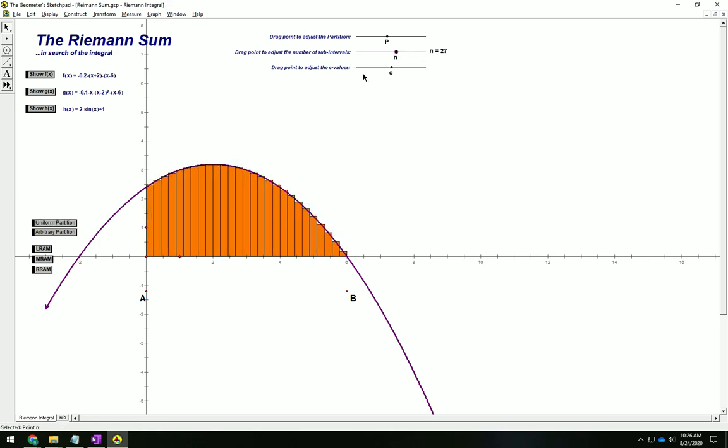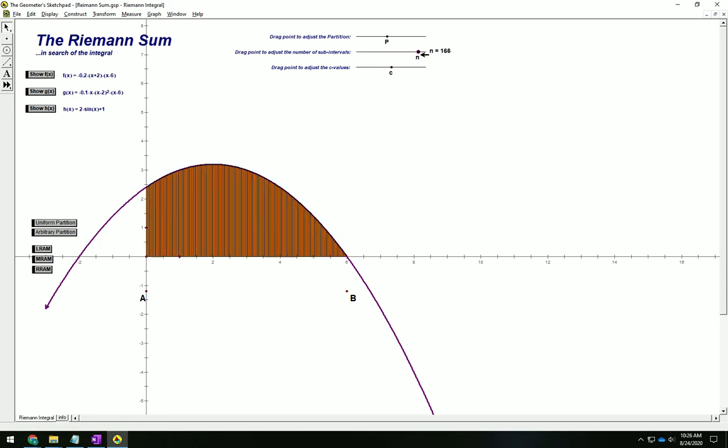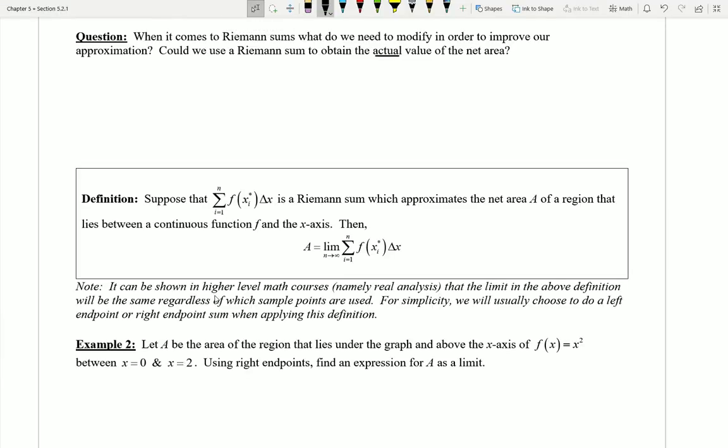If I had midpoint approximations, as I increase, my approximations get better. If I was to do right endpoint approximations, as I increase, my approximations get better. So the only variable here that really seems to matter is how many rectangles we are going to use.